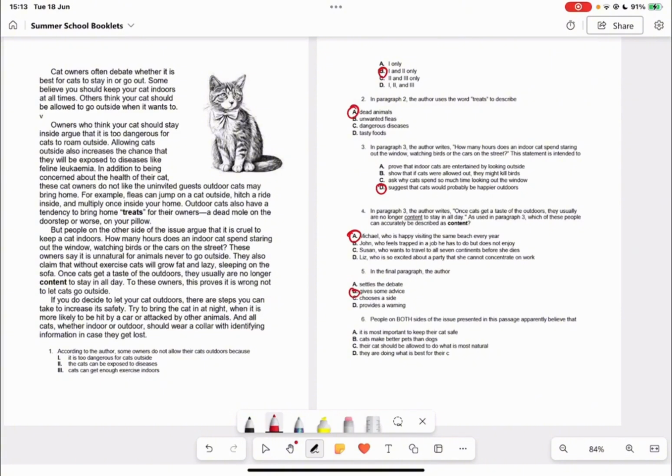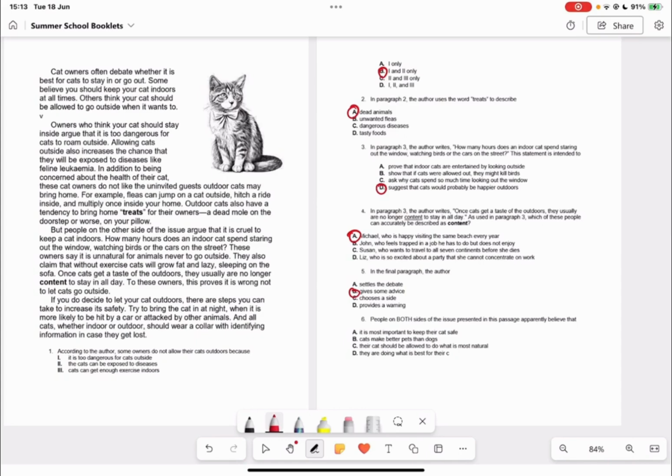Cats make better pets than dogs. The cat should be allowed to do what is most natural, or they should be doing what is best for their cat. So what they're saying is that keeping their cats safe might not be the case for people that let their cats outside, because that's not explicitly mentioned.